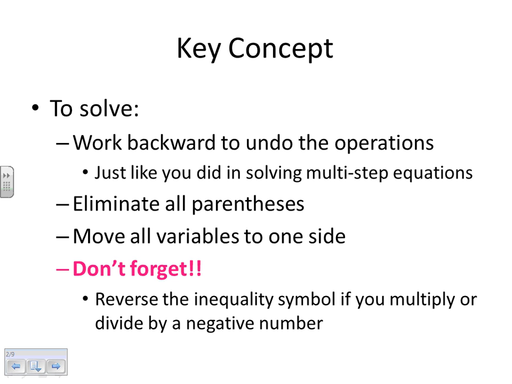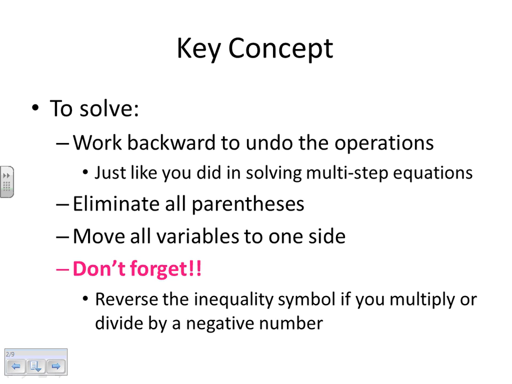Okay, now here, take a minute to copy down these key concepts for me, please, and pause, replay me when you finish. Okay, first of all, to solve multi-step inequalities, remember we're going to work backward to undo the operations. And this is just like you did when we were solving multi-step equations.